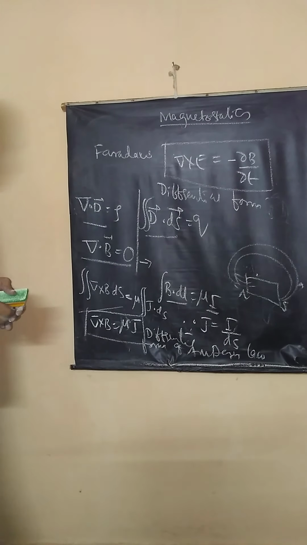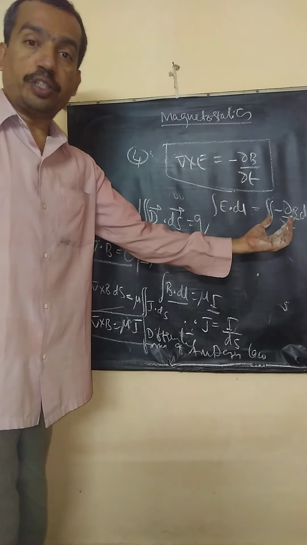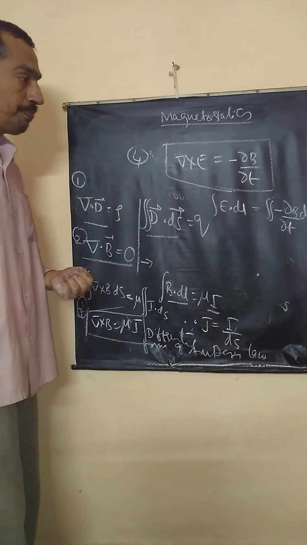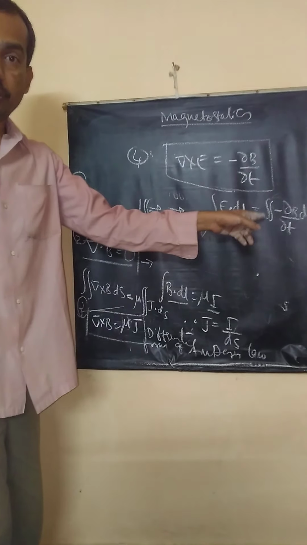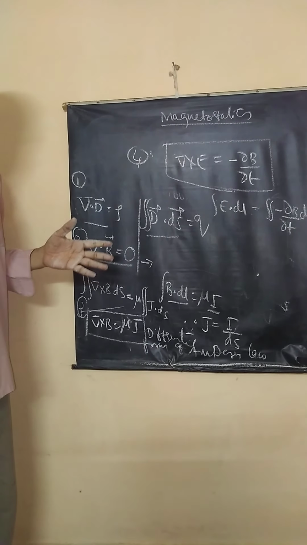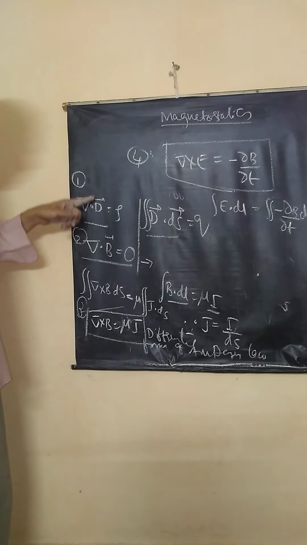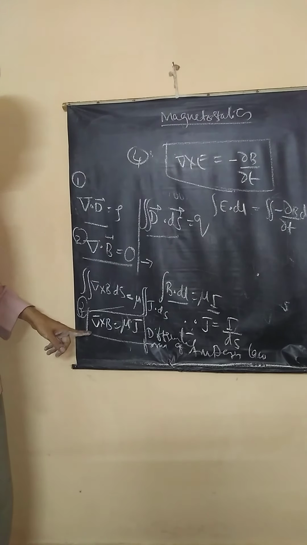EMF induced in a coil due to change in flux is equal to the rate of change of magnetic flux linking with the coil. Minus sign shows Lenz's law. The EMF induced always opposes the cause which produces it. So in total you have four equations, both in differential form and integral form.